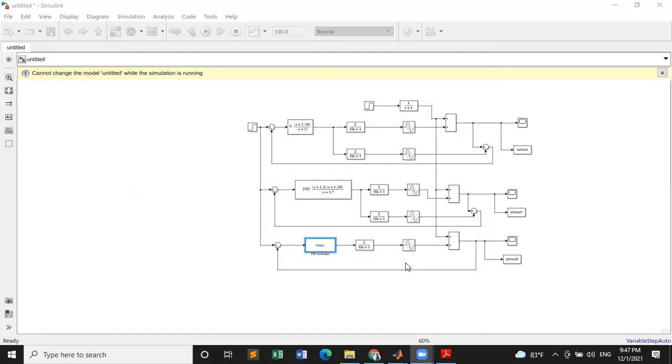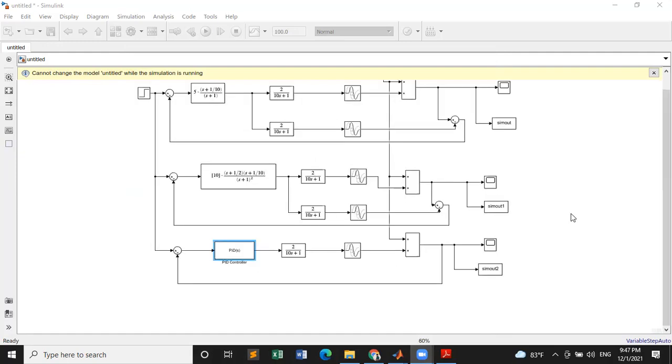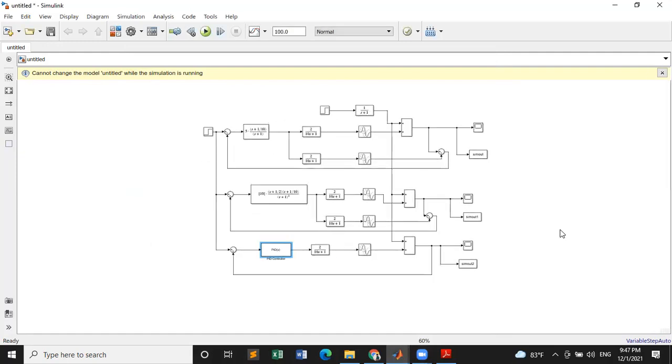There's a lot to learn. If you are planning to go into higher studies, or to work in an industry related to control systems, you will learn a lot. It's quite old, but it's a very volatile area. It's updating every day. There's new stuff coming up.